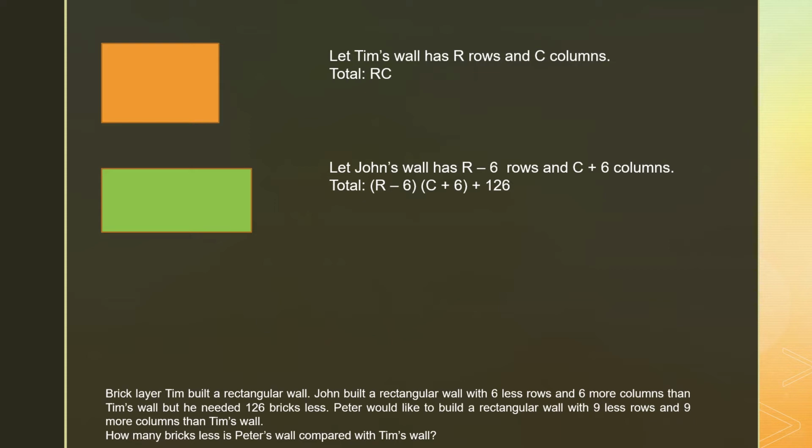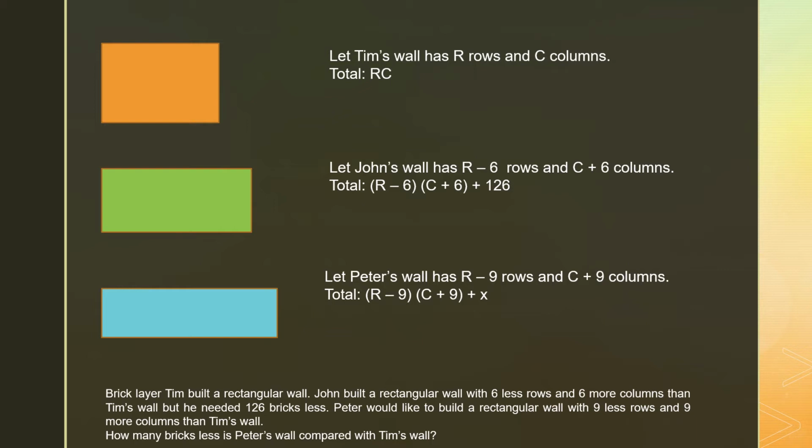The total number of bricks in John's wall would be the bracket of R minus 6 times the bracket of C plus 6. John's wall has less bricks than Tim's wall, so the bricks in John's wall plus 126 bricks will be the same as Tim's wall.